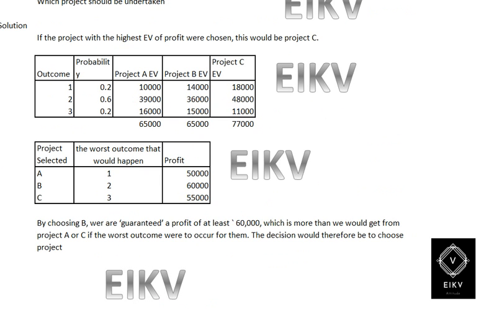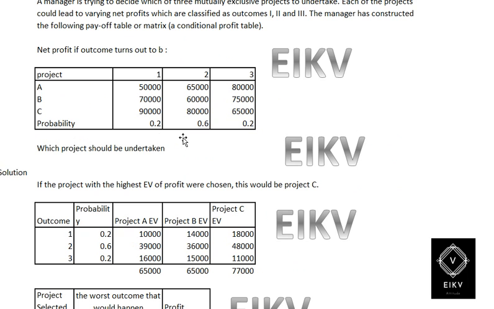These are selected by choosing the lowest among the alternatives. For project A, the minimum or the least one will be 50,000. For project B it would be 60,000, and project C it would be 55,000.